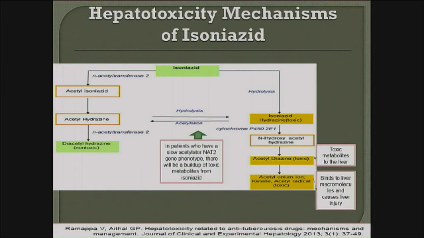NAT2 is responsible for metabolism of isoniazid to acetyl isoniazid, which in turn is hydrolyzed to acetylhydrazine. Later it could be oxidized by CYP2E1 to form hydroxyacetylhydrazine, which further dehydrates to yield acetyldiazine, and this is the hepatotoxic metabolite.